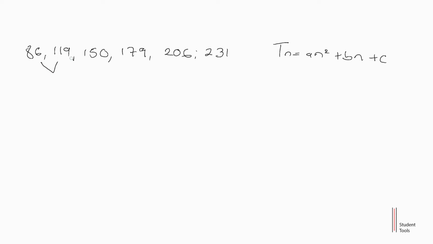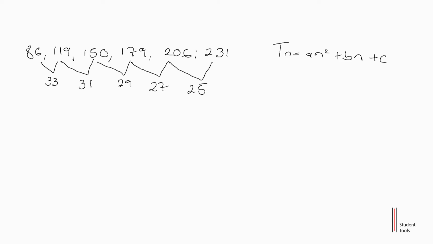So 119 minus 86, that is 33, and term 3 minus the previous one, that is 150 minus 119, so that is 31. 179 minus 150, that is 29. 206 minus 179, that is 27. 231 minus 206, that is 25.